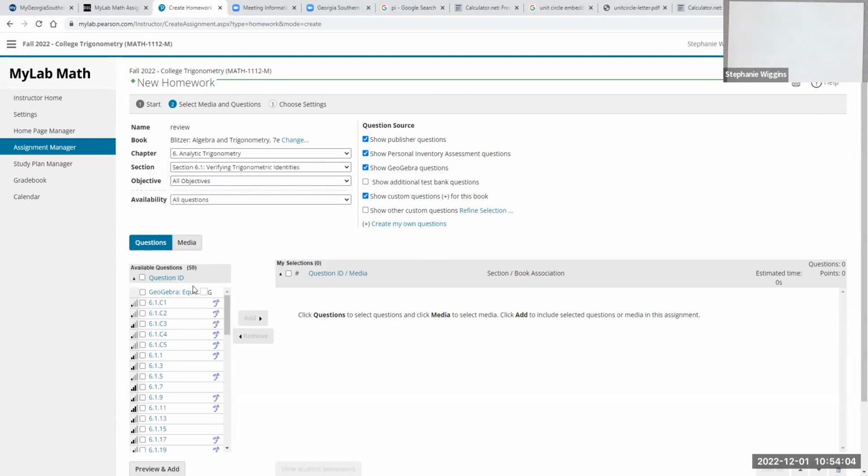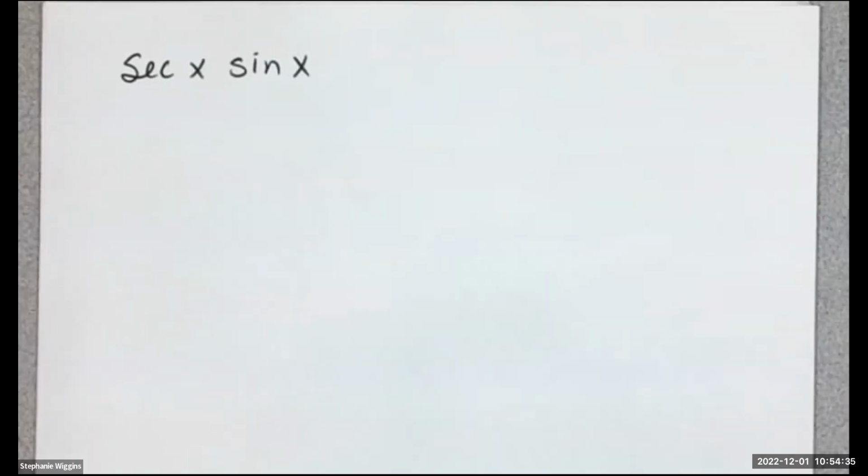So section 1, these were the kind where you would have an identity to show, verify it. So like, for example, secant x times sine x, you want to show that it's equal to tangent x, or it might say simplify. So when you see secant x times sine x, one of the tricks to doing these problems is to get everything written in terms of sine and cosine.